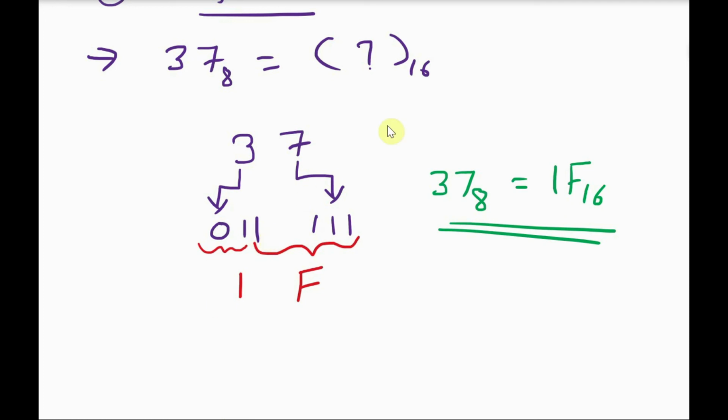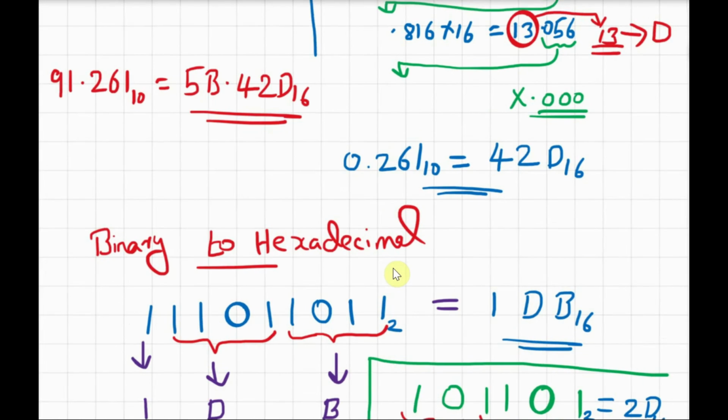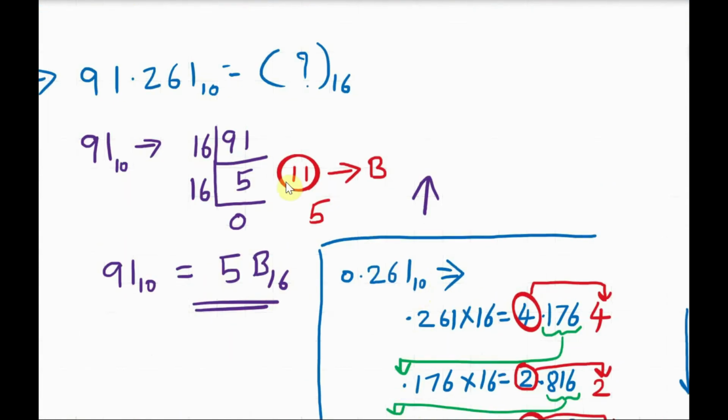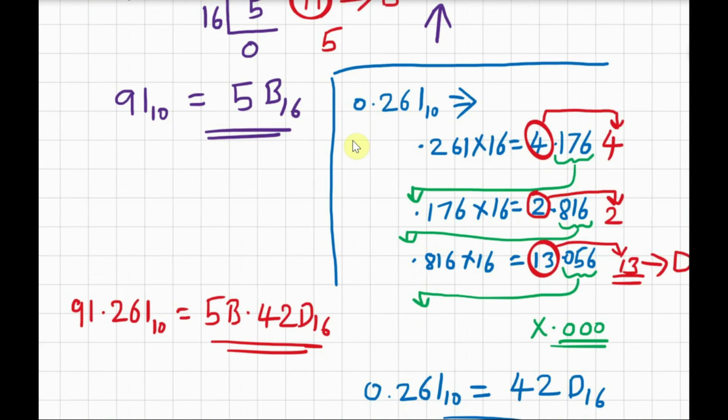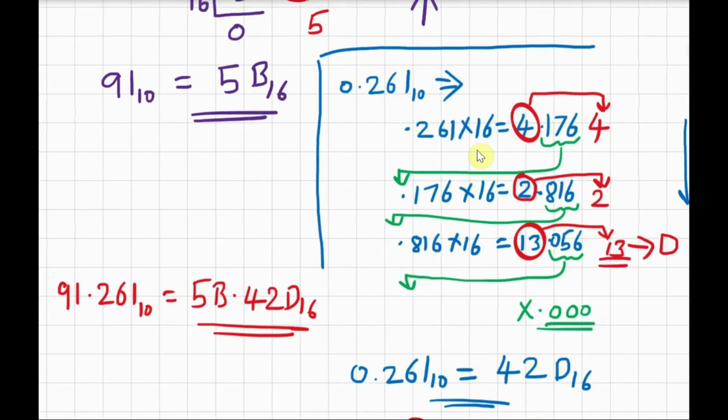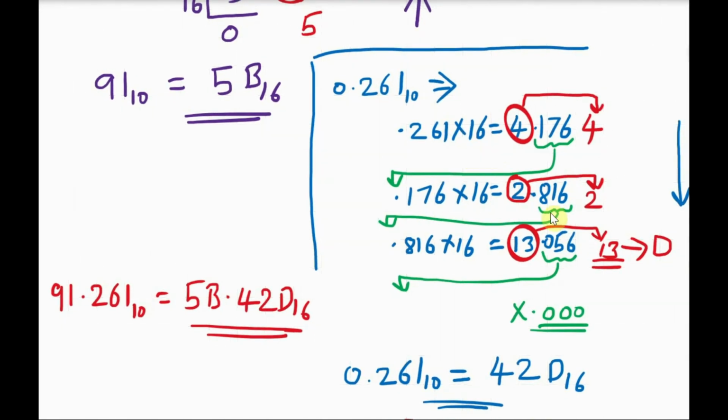So we have seen at the starting how to convert a decimal to hexadecimal. For the integer part, we are doing division by 16, and for the fractional part we are doing multiplication by 16, and we will stop once the fractional part reaches 0.